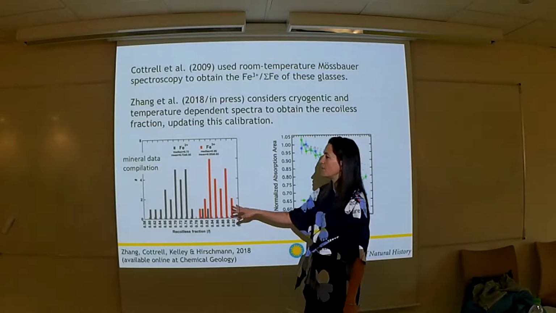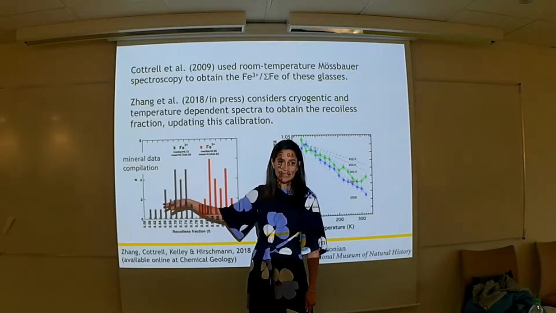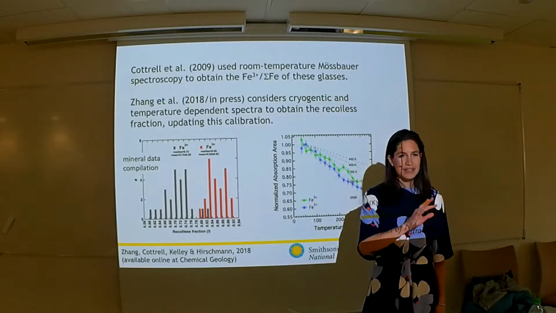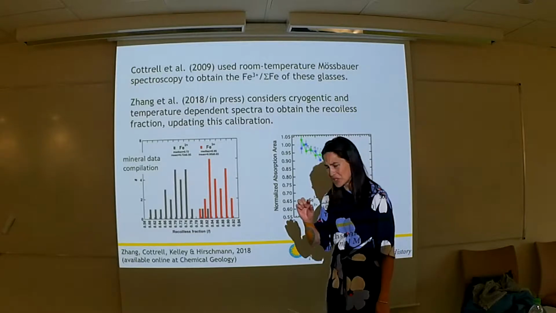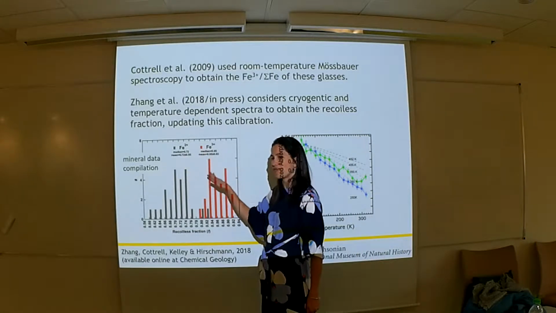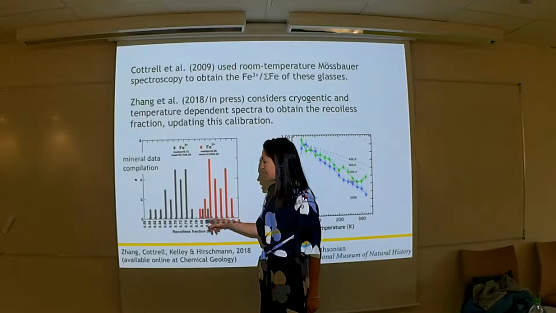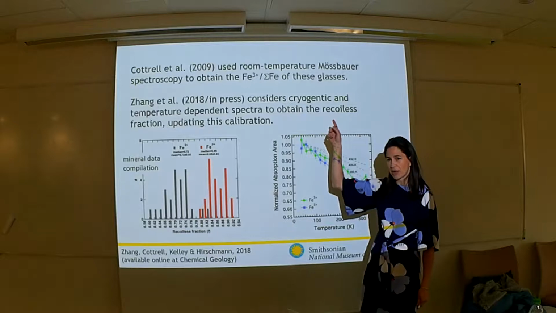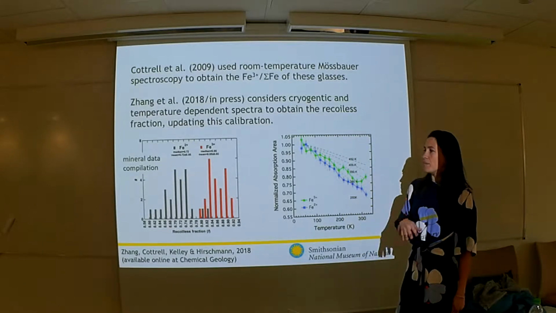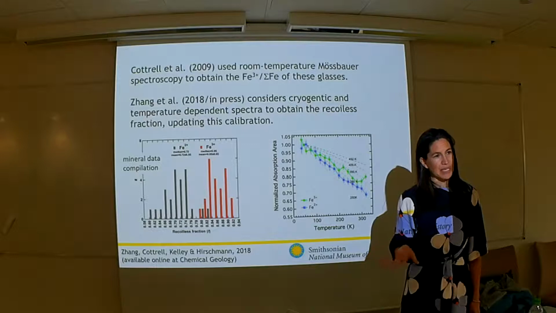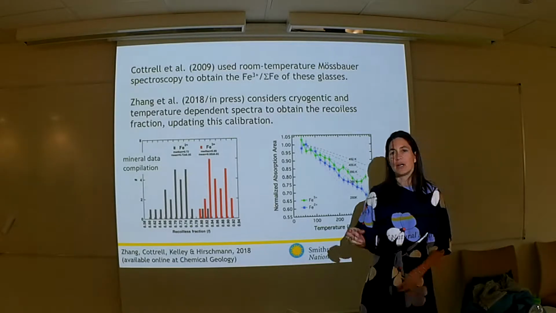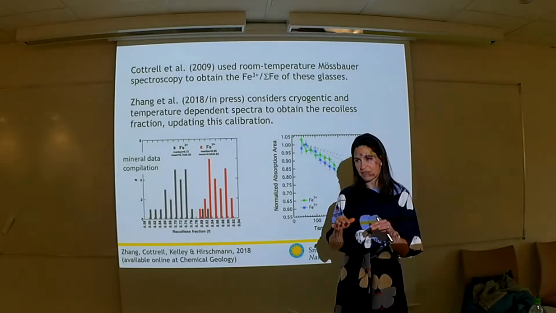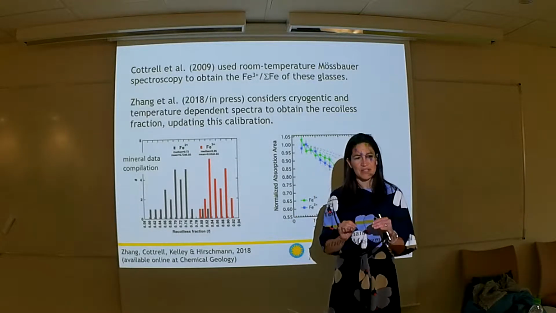We expect from the mineral, this is a literature compilation of mineral data, that the recoilless fraction in Mossbauer spectroscopy, and these technical details don't matter too much, but I'll just mention that we expect 2+ iron and 3+ iron in minerals to have different recoilless fractions, which corrects the room temperature Mossbauer measurements. Most people had dismissed this in glasses because comparisons of a single cryogenic spectrum to a room temperature spectrum didn't have the precision to resolve the differences.